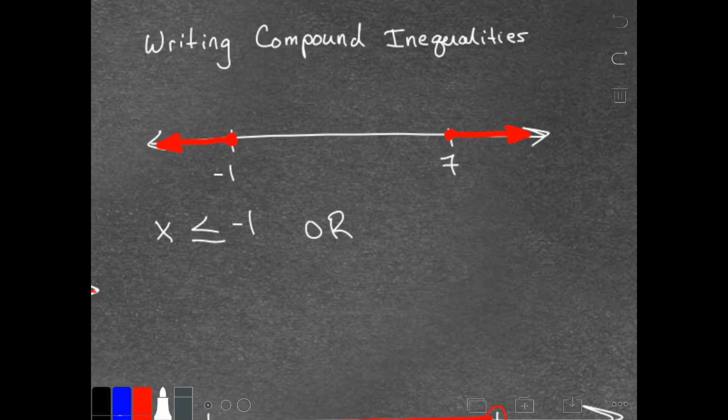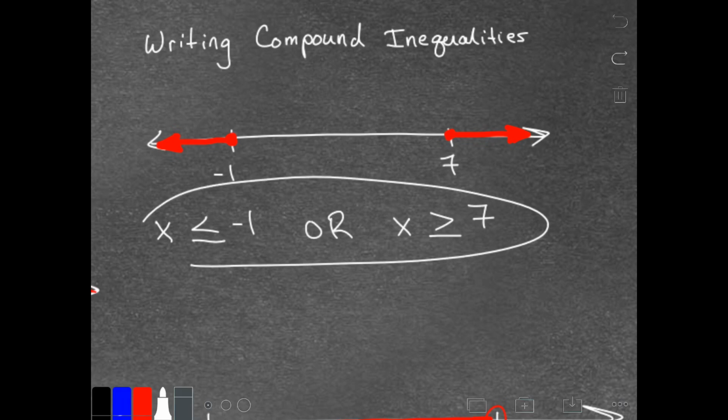Let's do the same on the right. Start with your variable. Shaded to the right, greater than, closed circle, equal to, what value? 7. Now that's it for or statements, we can circle our answer.